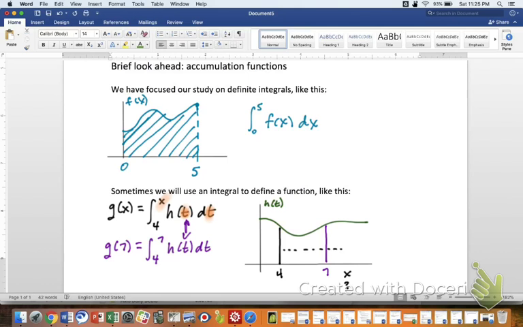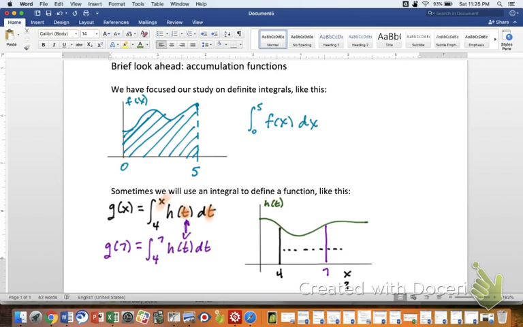We want that to remain a variable, and so we use what's called a dummy variable. The t just stands for some other input, just to not confuse the situation with what is the actual input for this function. The input is x, so we're going to use a different letter for the variable of integration. So I just wanted to get this look kind of in your mind.